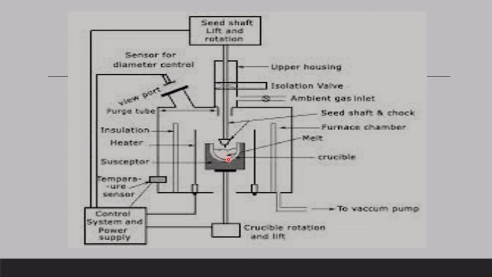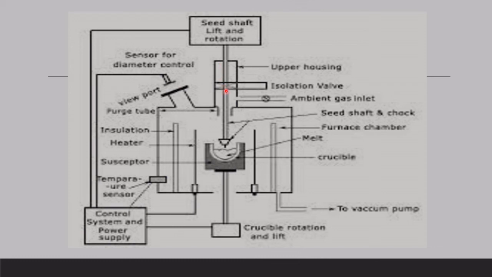After the charge is molten, it is uniformly in the liquid state. Then the pull rod is gradually lowered till the seed crystal touches the melt surface. This is the point where the seed crystal touches the melt surface, and then very slowly the pull rod is pulled up.